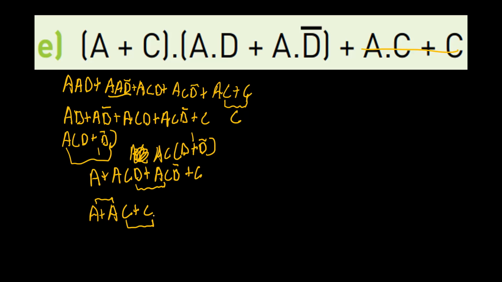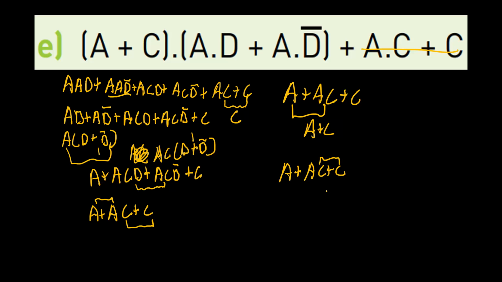For example, if I do this one, we know this simplifies to A or C. But if I decide to do it the other way around and simplify these two, well, we know this one right here simplifies to C. We bring that A down, and we're left with the same result. So this one is simply A or C.